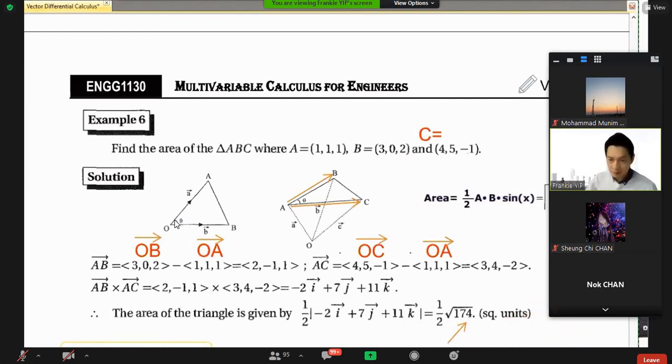And finally, we need to take the square root of this. Got it? Easy. Okay, finished for this question. You think it's easy, right?